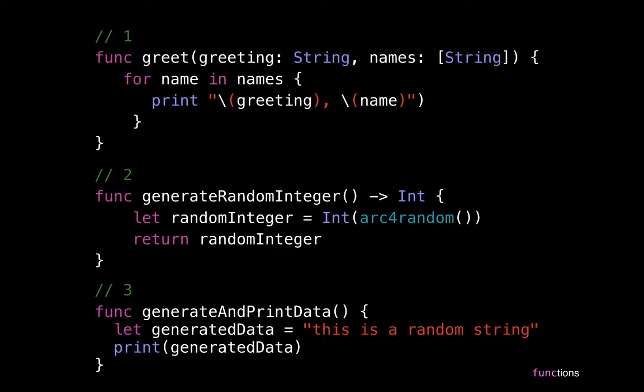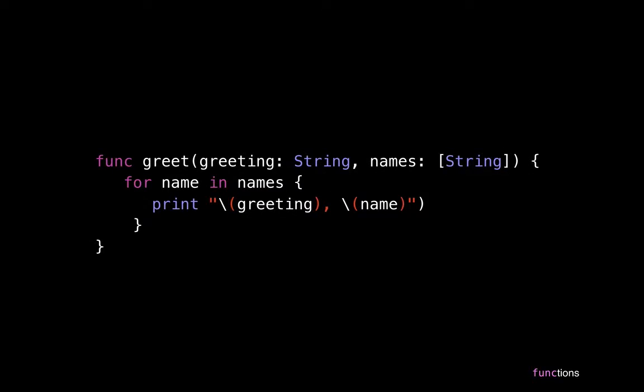So let's figure out what the type of the first function, greet, is. We see that the function greet takes in a string as an argument and an array of strings, and it's going to print all the names along with the greeting, so all the strings from the array along with the greeting string.